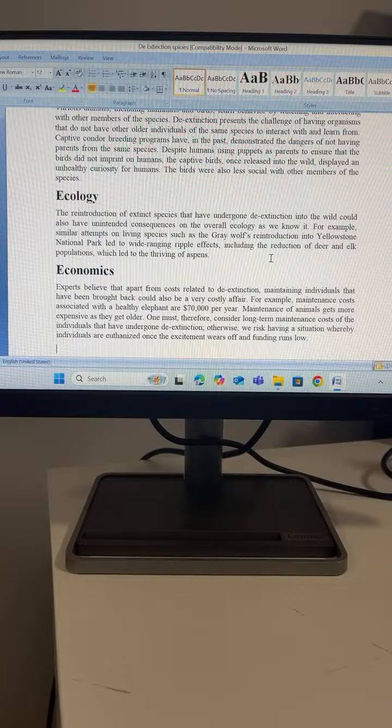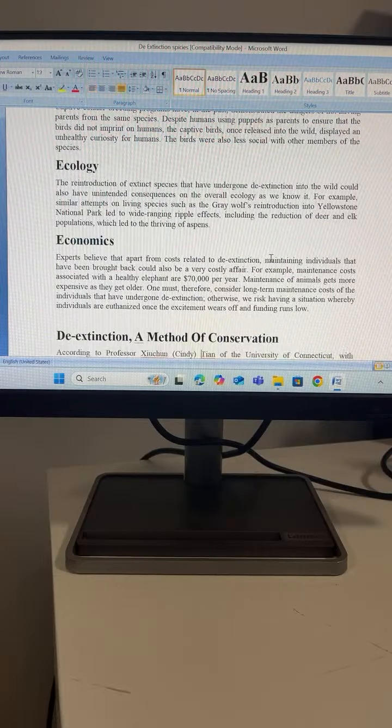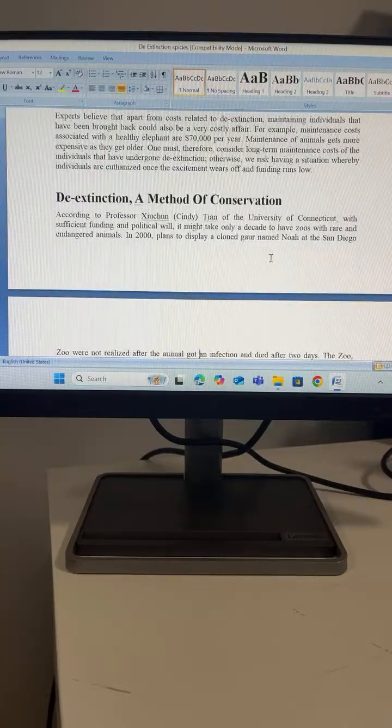For example, similar attempts with living species, such as the gray wolf reintroduction into Yellowstone National Park, led to wide-ranging ripple effects, including the reduction of deer and elk populations, which led to the thriving of aspens.